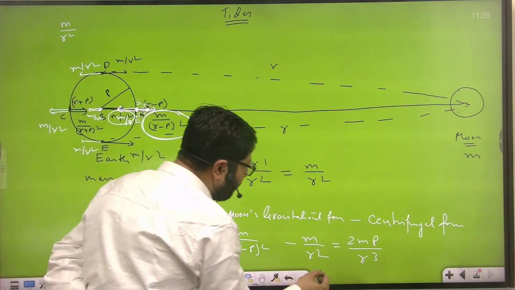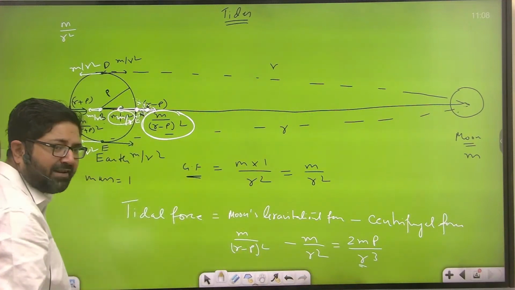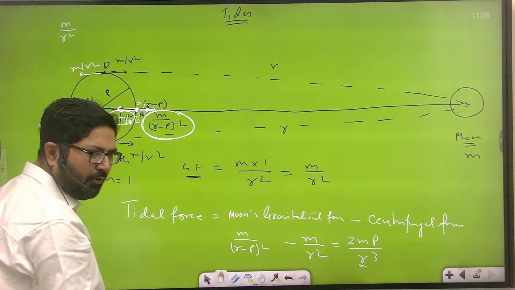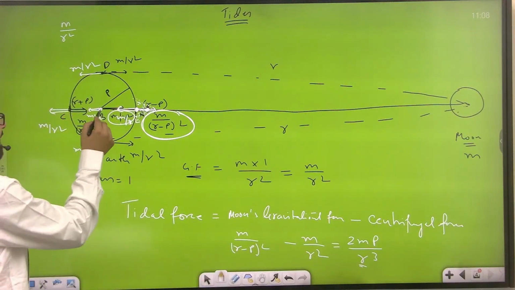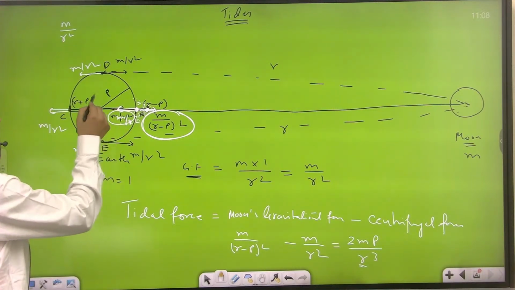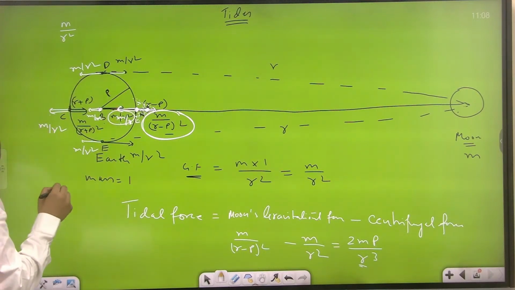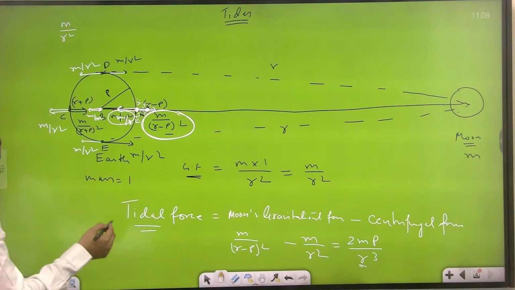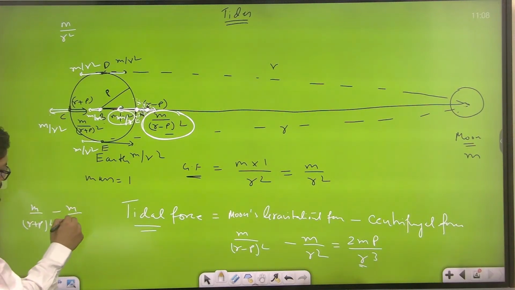And its magnitude, tidal force, you see, is inversely proportional to the cube of the distance, 2mp upon r cube. If you come to the center, both are equal. Here again both are equal. But on the opposite side, to find tidal force, subtract Moon's gravitational force and centrifugal force.